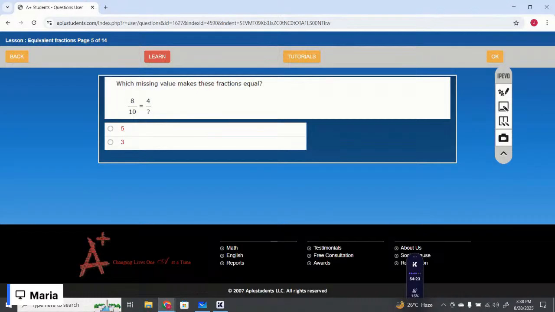Which missing value makes these fractions equal? That is 4 out of, very good, 5. Option number 1 is the correct option. 4 out of 5 it is.